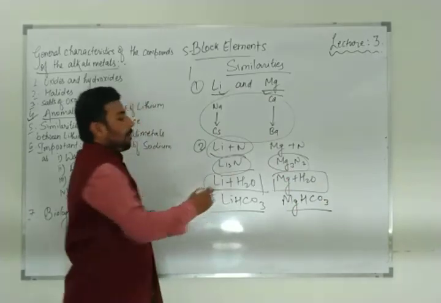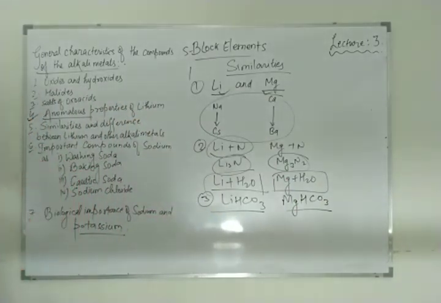Third one, lithium hydrogen carbonate, magnesium hydrogen carbonate. If you compare these both, can you tell me what will happen? Both carbonates are easily decomposed on heating. They form carbon dioxide, and hydrogen carbonates are not formed in the solid form. Okay, students?